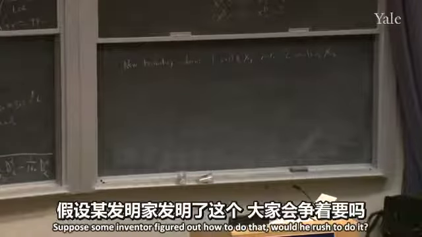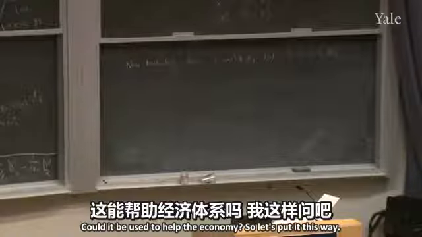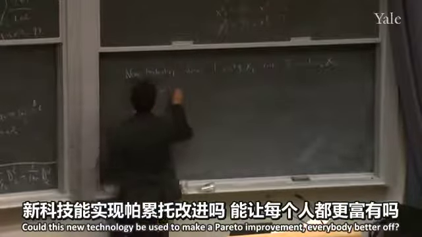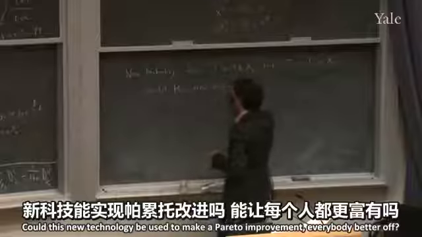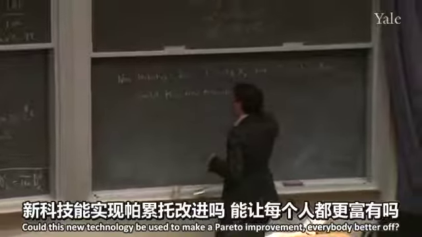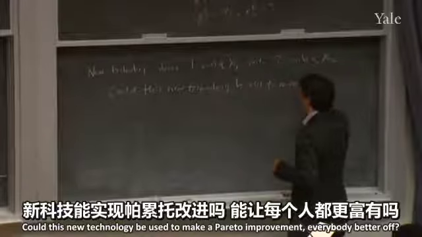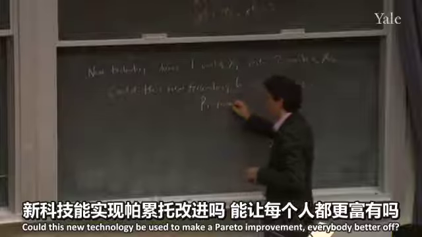Suppose some inventor figured out how to do that. Would he rush to do it? Could it be used to help the economy? So let's put it this way: could this new technology be used to make a Pareto improvement? Everybody better off.